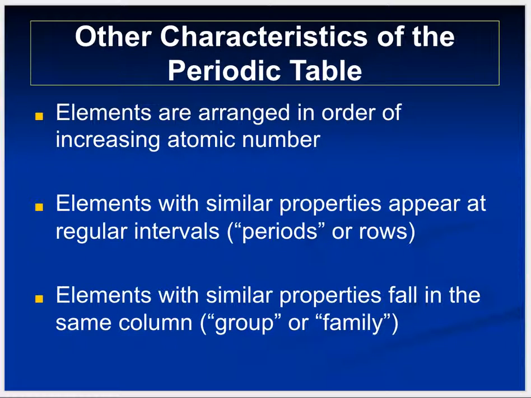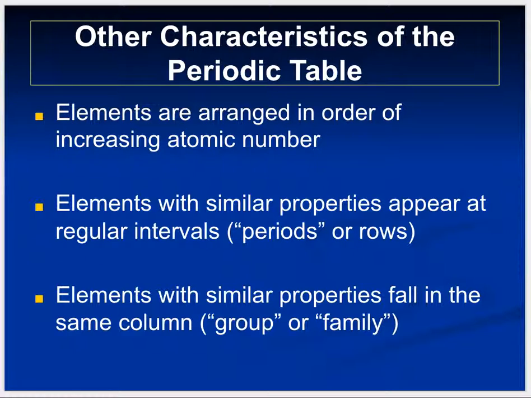Some other characteristics of the periodic table are that the elements are arranged in order of increasing atomic number, and we know that atomic number is based on the number of protons in an element. And the elements with similar properties appear in the same periods, which are the rows that go across, and they also fall within the same groups, which are the columns that go up and down.